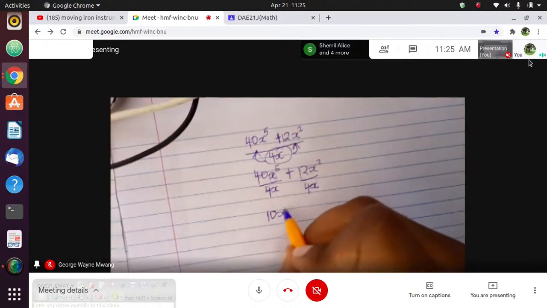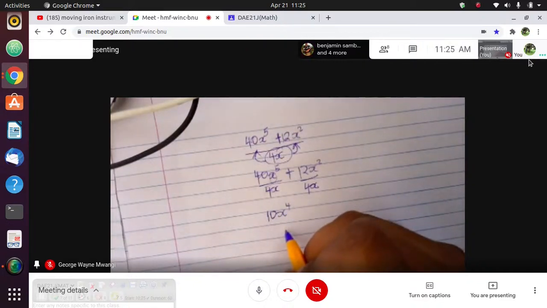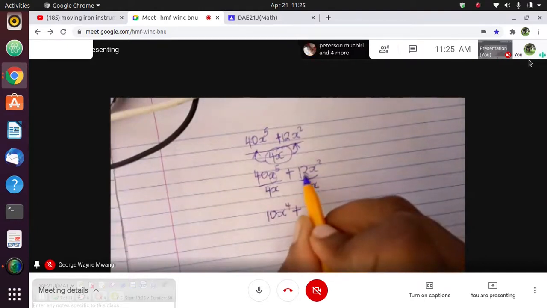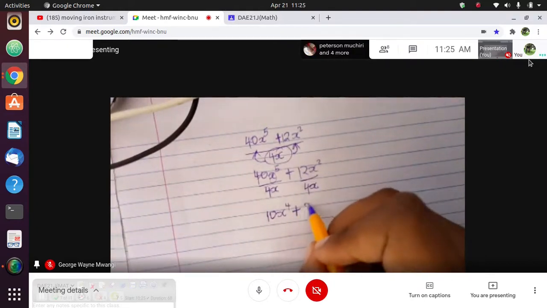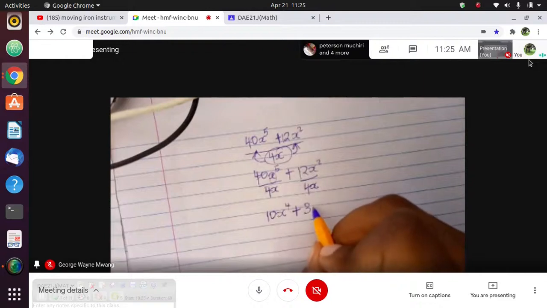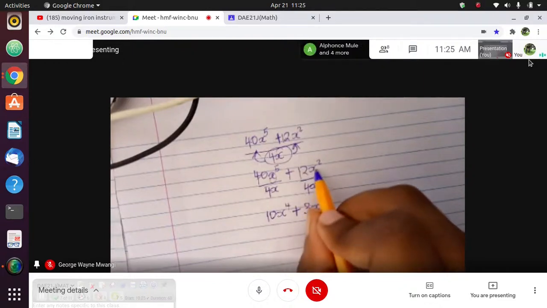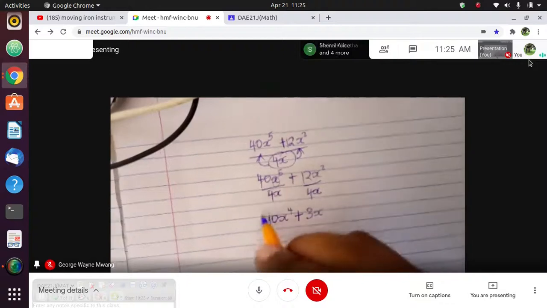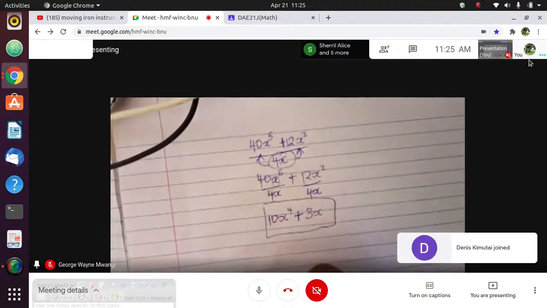It becomes x raised to power 4. Are we together? Plus 4 can divide 12 3 times. So 3. Our variable x squared divided by x, so the value will remain as x. So this is the simplified expression.